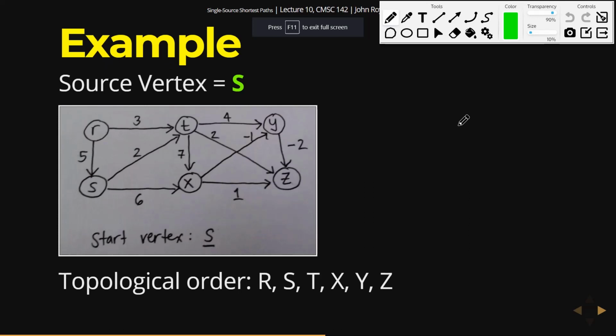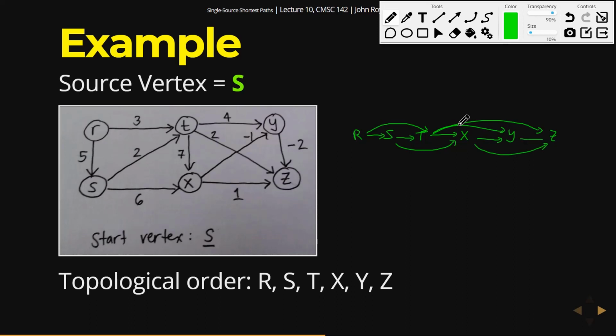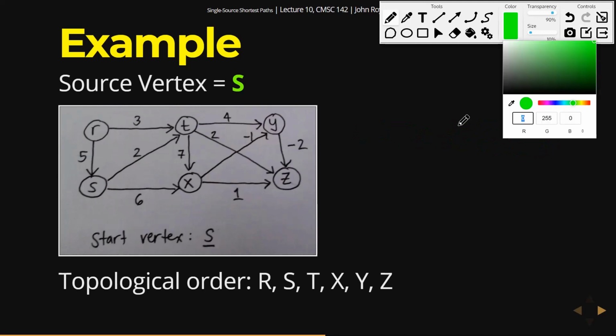So R can go to S and T, S can go to T and X, T can go to Y, X, and Z, X can go to Y and Z, and then Y can go to Z. So you'll notice that all edges are going forward. So this is the correct topological ordering of this DAG.